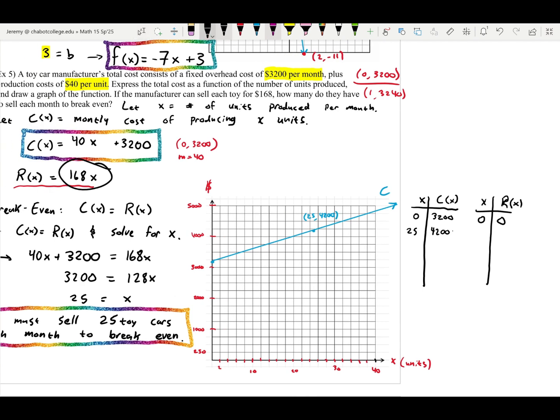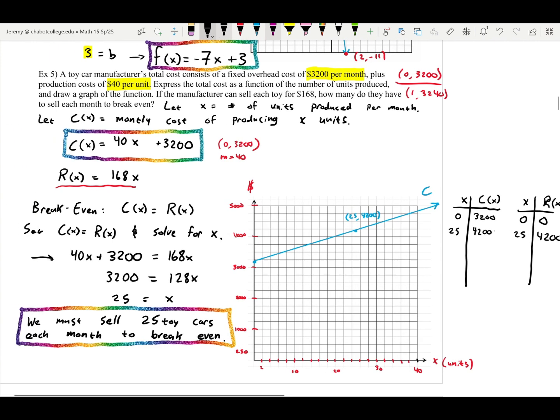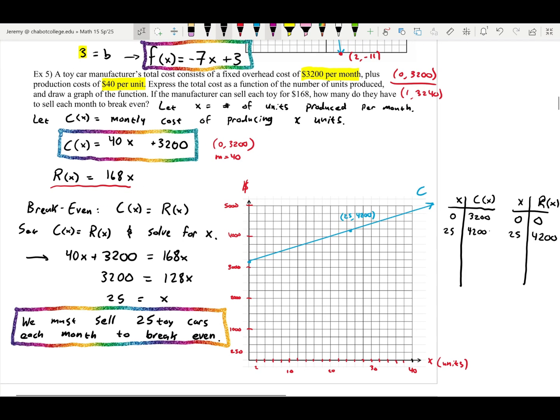Just plugging into this function, 168 times 0 is going to be 0. And I also have the point 25, 4,200. And I know that I have this ordered pair because remember, when x is equal to 25, C of x is equal to R of x. But you also could just plug 25 into R of x and you would get the same number.